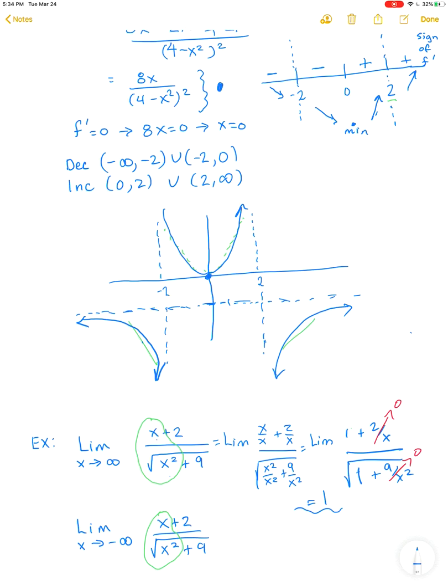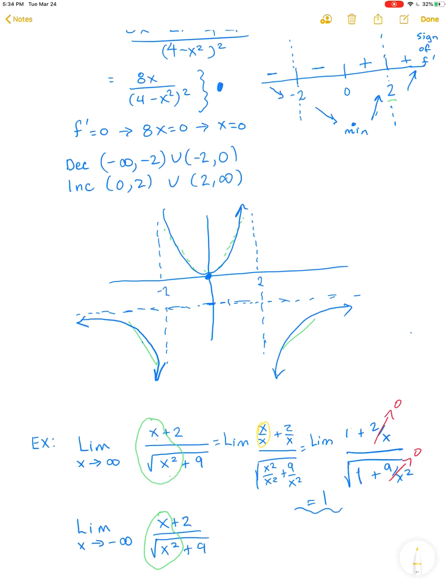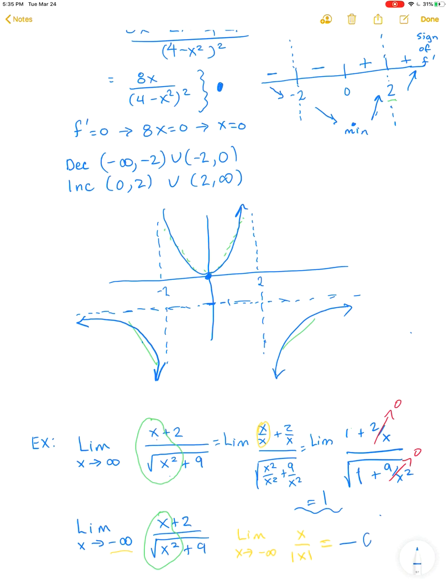So we do it again, except this time when we do all of these same steps, this fraction right here is going to act not like a positive 1, it's going to act like a negative 1 because we're getting big negative numbers. This is going to act like taking the limit as x goes to minus infinity of x over the absolute value of x. And so in this case, this thing goes to minus infinity.